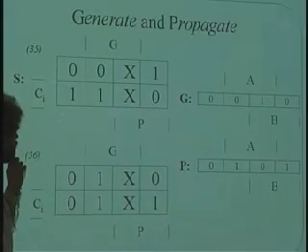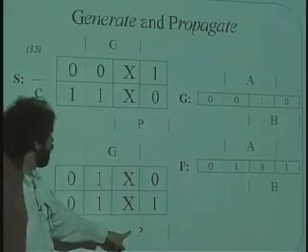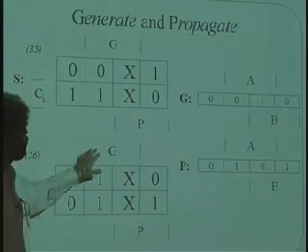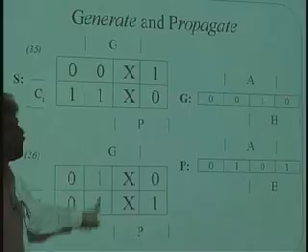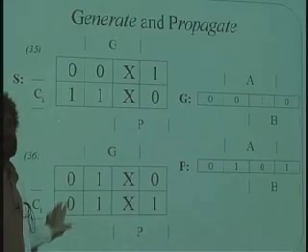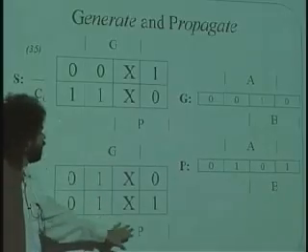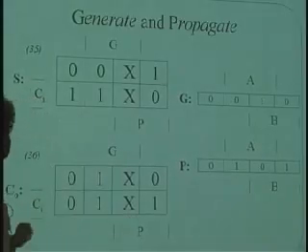This function just says, if propagate is high, C sub O equals C sub I. If generate is high, C sub O equals 1. Otherwise, it's 0. Very simple function. If G is high, 1. If P is high, take C sub I.